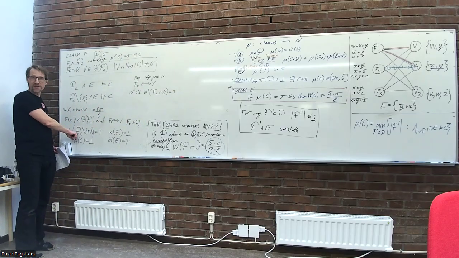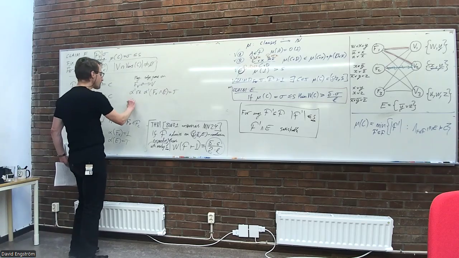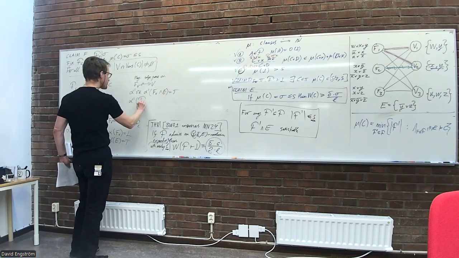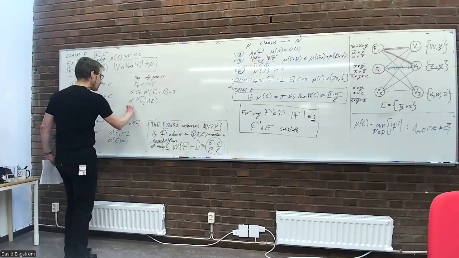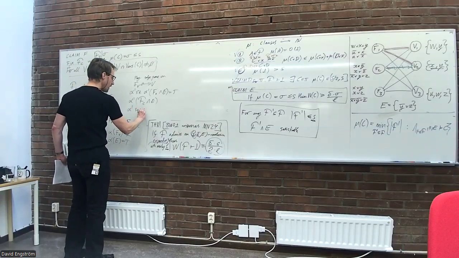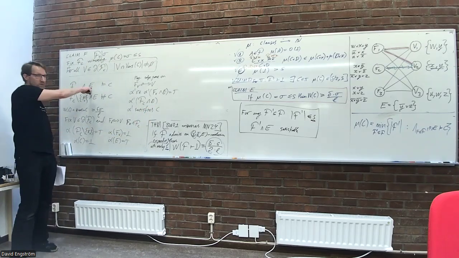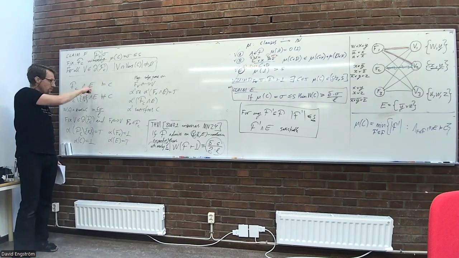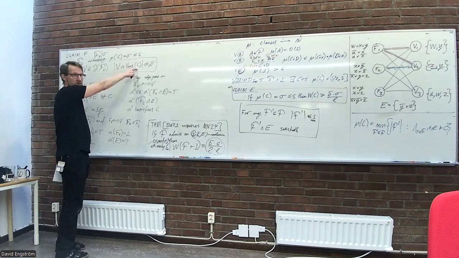What do I know about the rest of FC? Not affected, right? Because V is a unique neighbor of FV. So in fact, alpha prime satisfies FC and E. So alpha prime satisfies C, because otherwise we would have a violation here. But I only flipped variables in V. So some variable in V had better be in C. Otherwise the value of C wouldn't have changed.